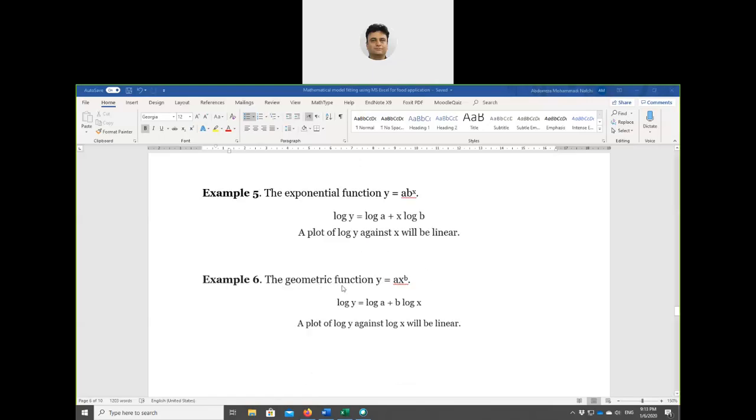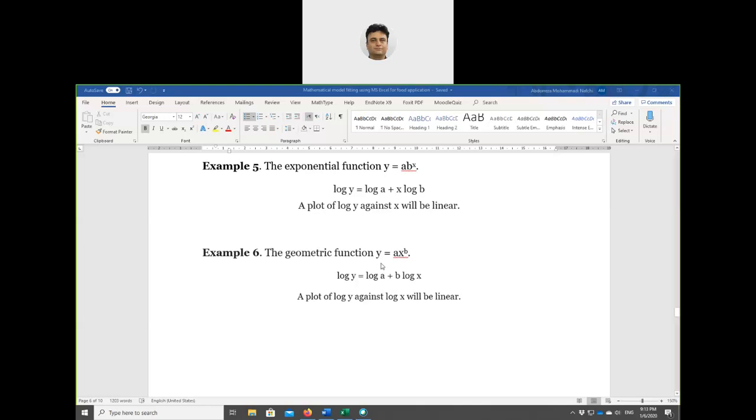And the geometric function y is equal to a x power b. If we have this one, again using the log method, log y is equal to log a plus b log x, and b comes out in front of the log like this.